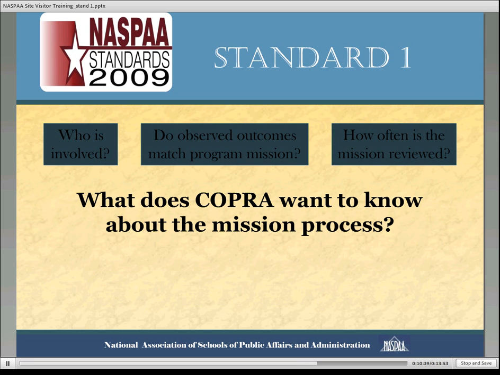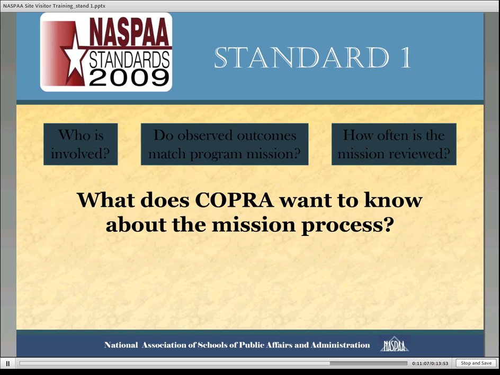Then you're looking for evidence that the outcomes are matched to the mission. That's important. You want to be able to assess how often the mission is reviewed. Some programs might do it annually, like at a faculty retreat. Some might do it really every time they are up for NASPAA reaccreditation. There's no hard and fixed standard for how often it should be reviewed.